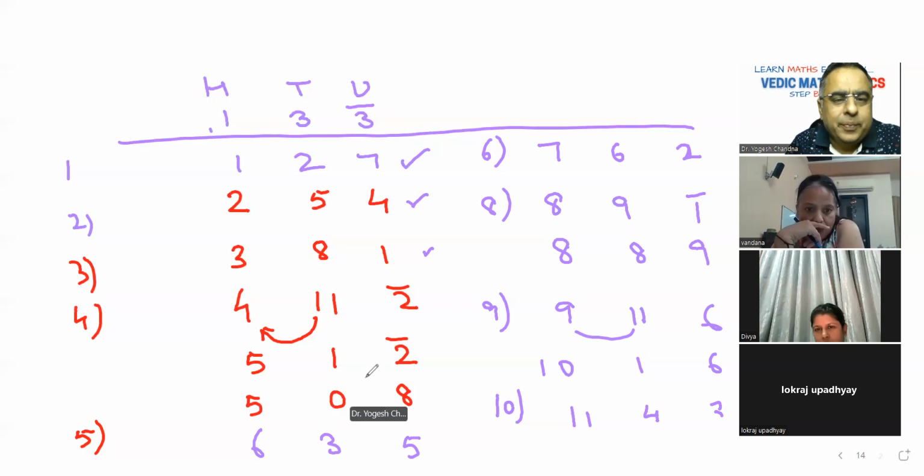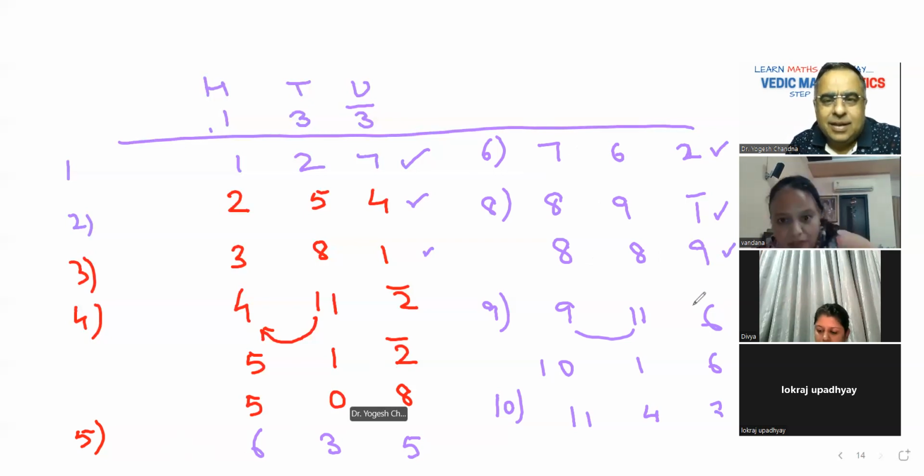Which one? 635. 635 is correct. Then 6 plus 1 is 7. 3 plus 3 is 6. 762 is also correct. Then 1 bar. 889 is also correct. 8, 2, 8, 9, 9. Correct.